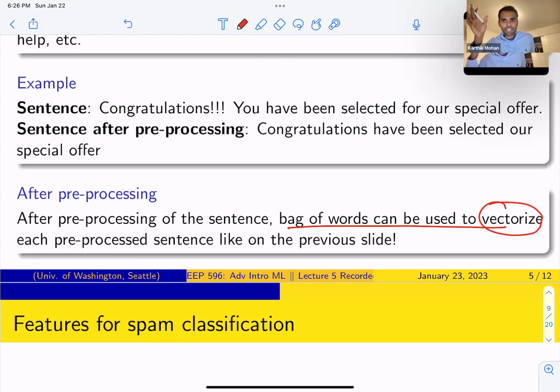So the vector itself is numeric because it tells you the presence or absence of words. So you've taken a sentence and converted it into something that is numeric and has a set of numbers. And as we know, machine learning works with numbers, right? So at the end of the day, you have to represent things as numbers, and bag of words helps us do that. Okay.